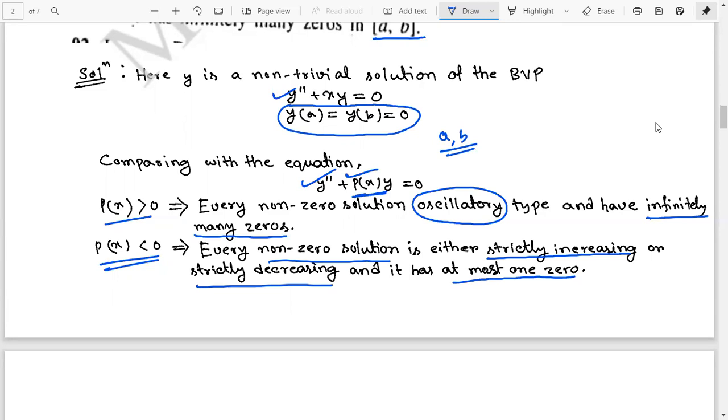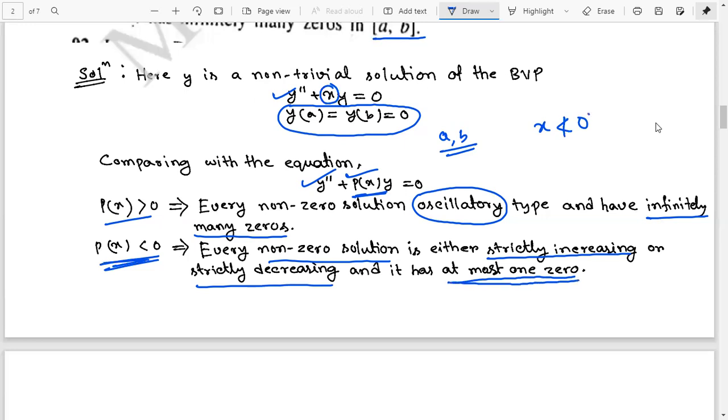So it is clear that x is not less than 0, because if p(x) is less than 0, then this will have at most one zero.